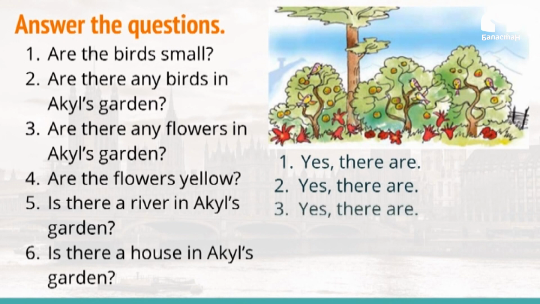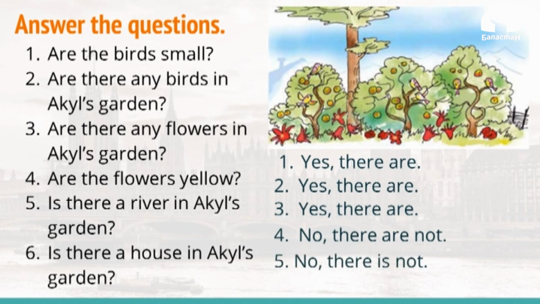Yes, there are. Are the flowers yellow? No, they are not. Is there a river in Akıl's garden? No, there is not. Is there a house in Akıl's garden? No, there is not.